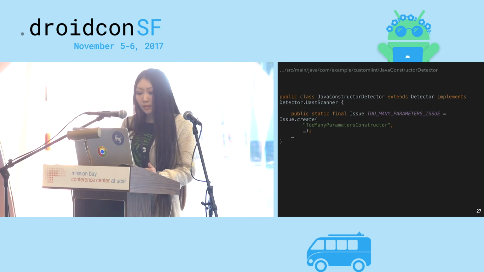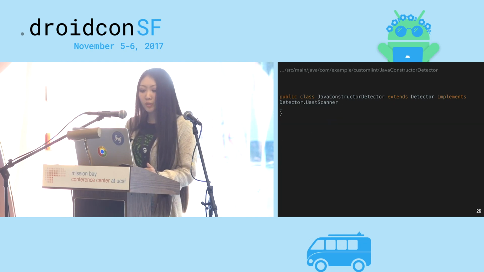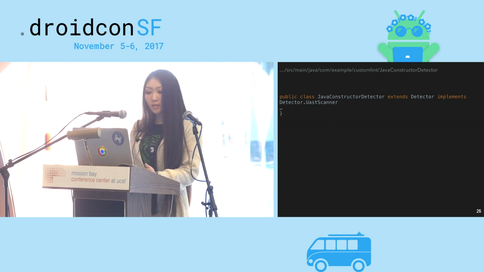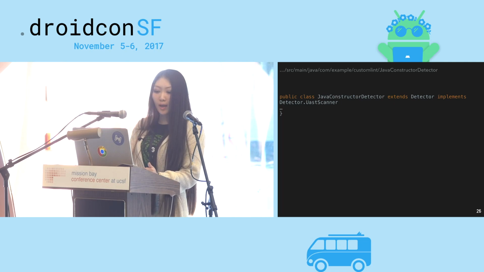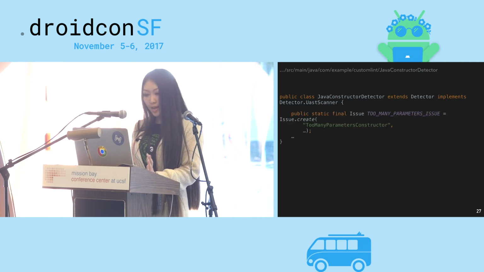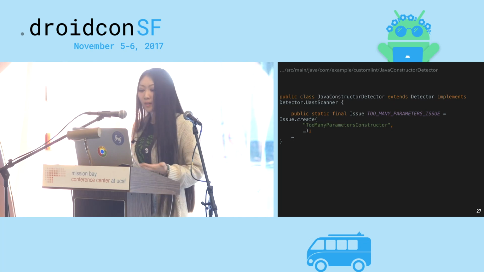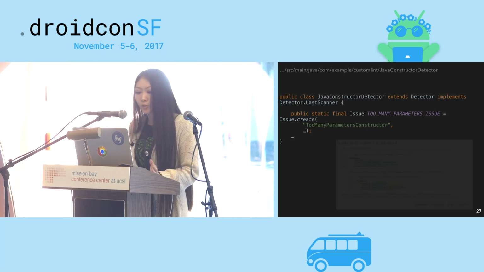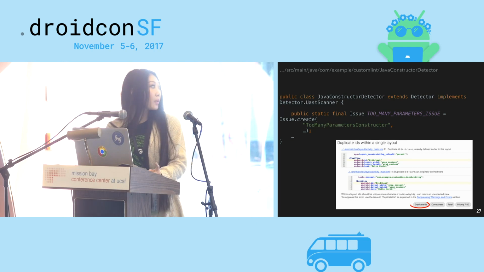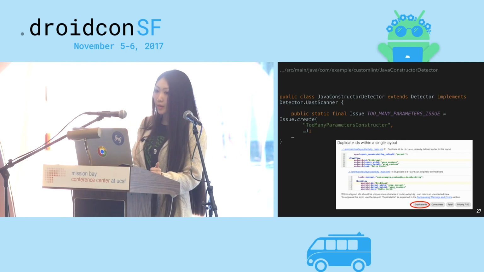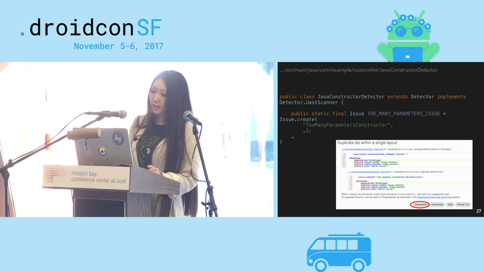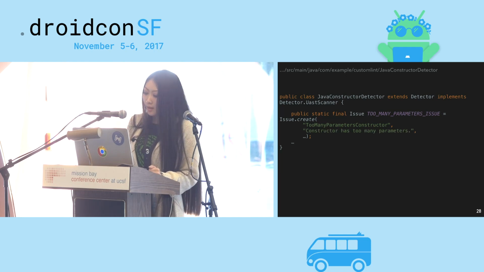Now, this is our Java constructor detector. It needs to extend Detector and implement the UAST scanner in it. And here I'm creating the issue. I need to name it and specify the ID first. The ID is used in places like the Lint report and also the Lint example we just saw. Next is the brief description.